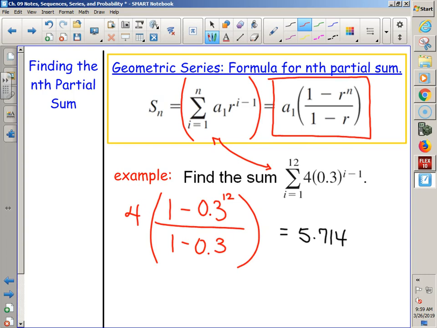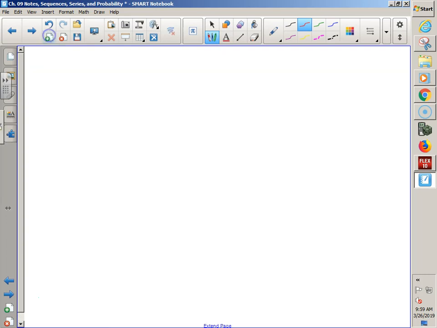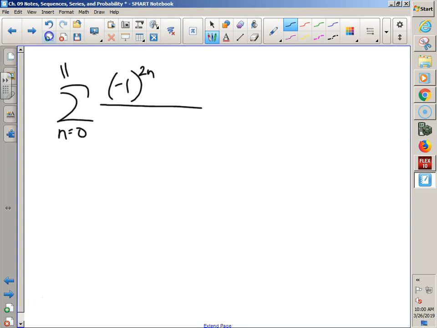But in other ones, it actually might be written differently. So not every geoseries looks exactly like this. Can I just show you? You don't have to write this down, but can I show you another one? What if I was to show you something like, geoseries or not a geoseries?